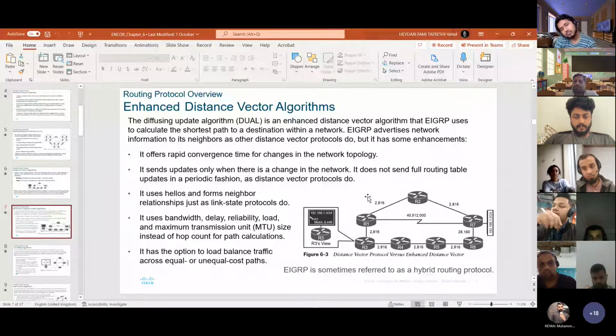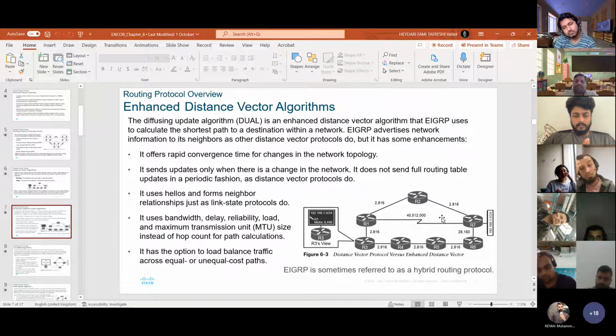Because if, for instance, this network goes down, meaning that this link becomes unavailable, there is a topology change, and R7 needs to send immediately an EIGRP update to all neighboring EIGRP routers like R6, R2, and R1, saying that this guy has now disappeared.